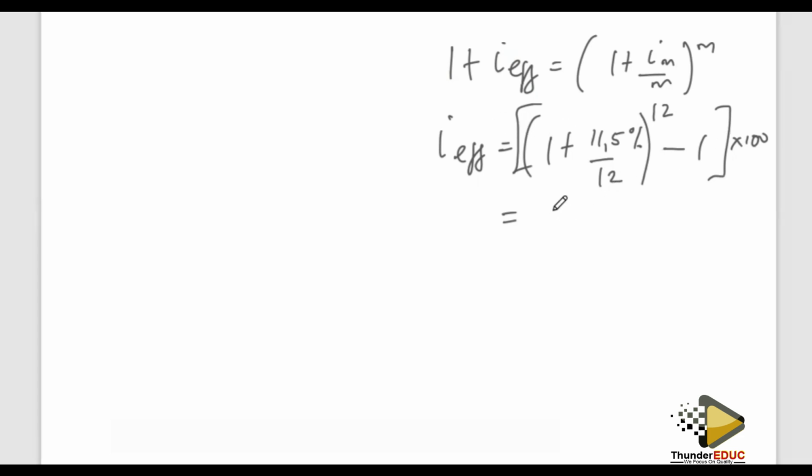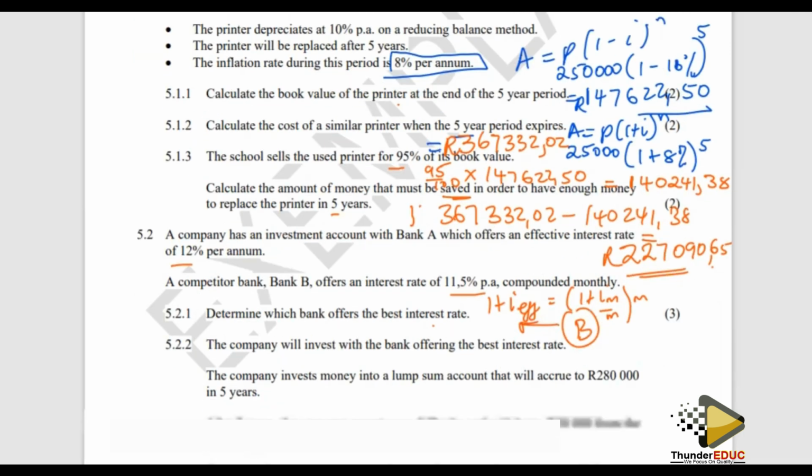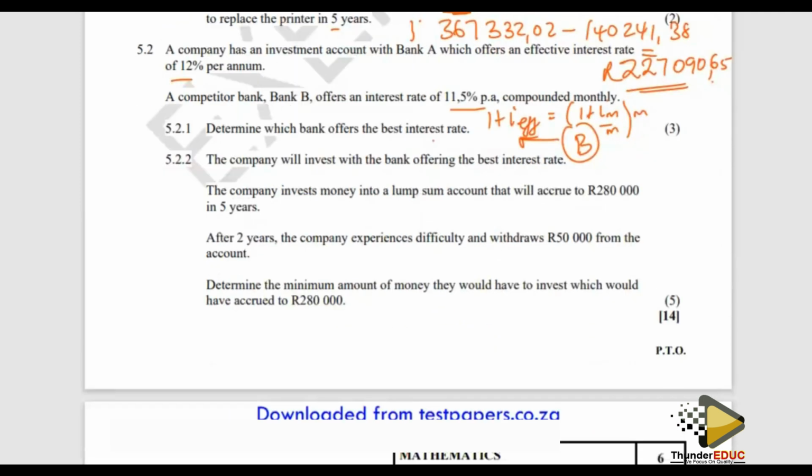Then I multiply by 100. I'm going to get 12.13%. Now they're asking which bank offers the best. This is 12.13. Bank A is offering just a 12. So in this case, we're going to say Bank B is offering the best. All right, then the company will invest using Bank B.